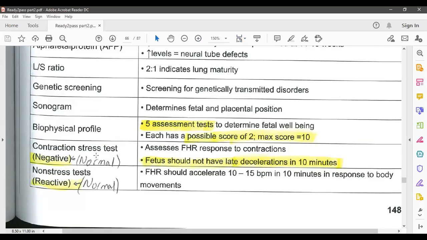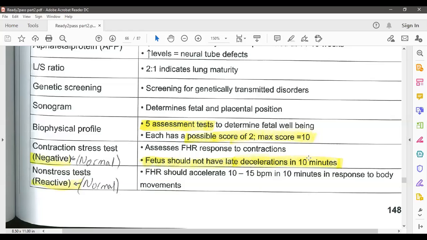What is written here? Assess the fetal heart rate response to contraction. The fetus should not have late deceleration in 10 minutes. So the contraction stress test is a more invasive test used to measure the fetal heart rate in response to contraction, right?